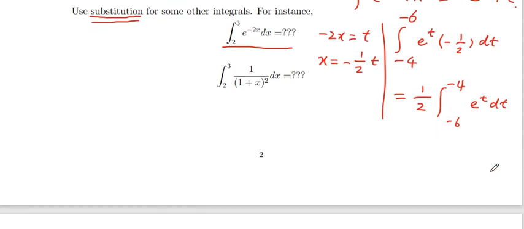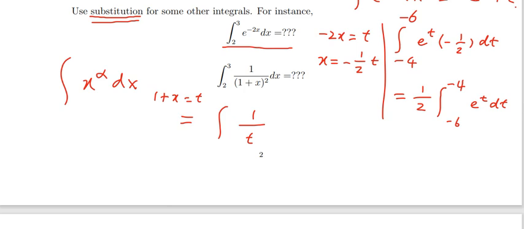Okay, so this one is the same thing. Let's say I only know x alpha dx, right? So for this one, we let 1 plus x be t. So here it's t to the negative 2, right? The upper bound and lower bound we can also change. When x equals 2, t is 3.